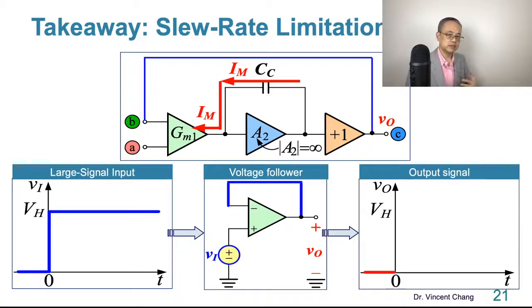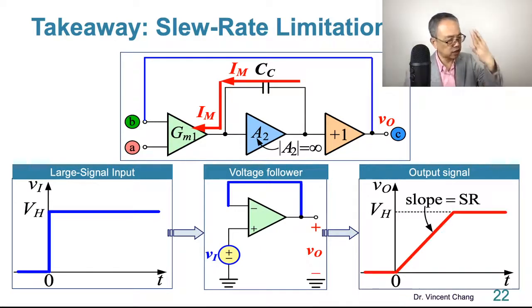It's going to be a linear ramp, and the slope of that ramp is the maximum rate of change when a large signal is present. That's the key message you need to get from this lecture.